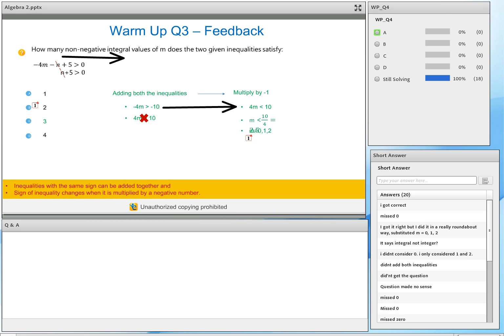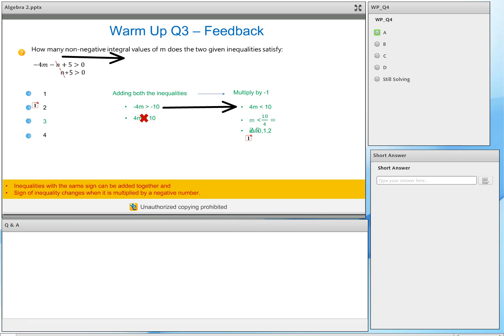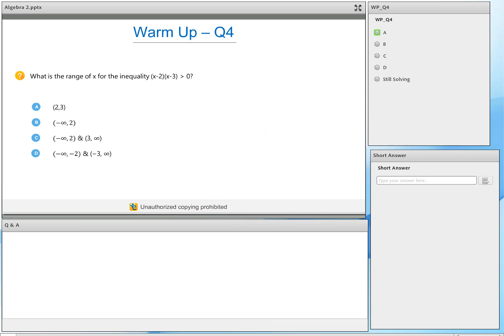Can you all please click on still solving? Here you go.